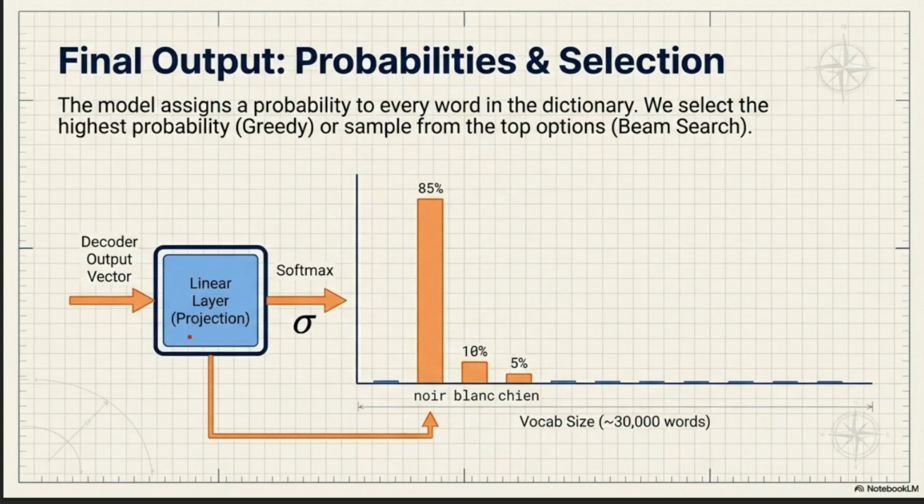Then the softmax function converts these numbers into probabilities, shown in the bar charts here. This word has 85% probability, while this one is 10% and this one is 5%. We usually select the word with the highest probability. This is what we call greedy search, or we can use beam search to consider multiple future paths. So we take these two into consideration.